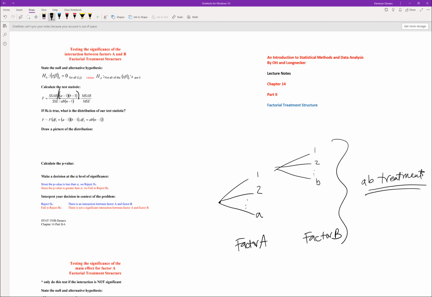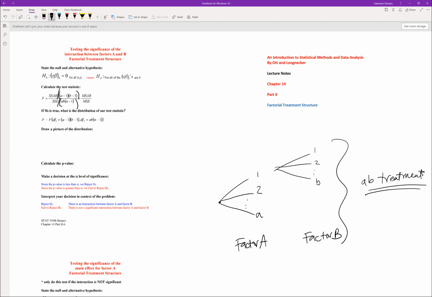That should have a bigger parenthesis around it. Our sum of squares for the interaction term AB divided by the degrees of freedom for the interaction term, and then our sum of squares error divided by our degrees of freedom for the error term. Overall, you're going to take the mean square for the interaction term and divide by the mean square error.